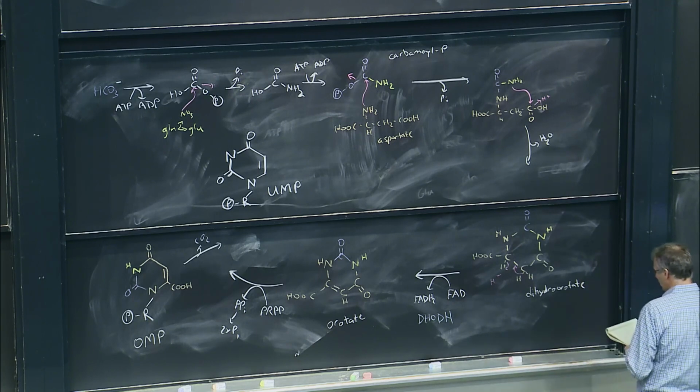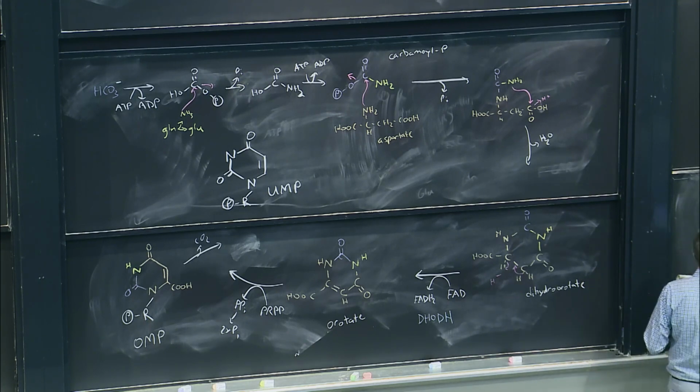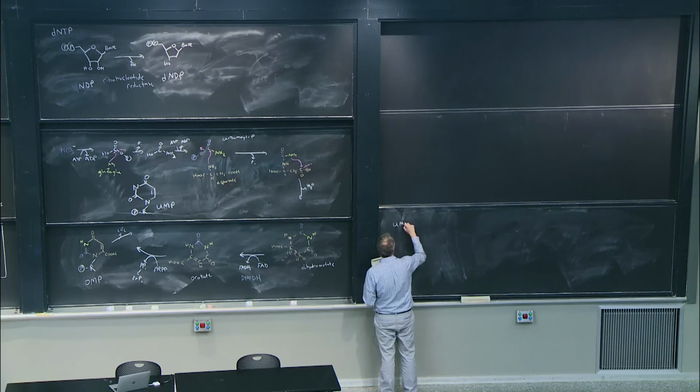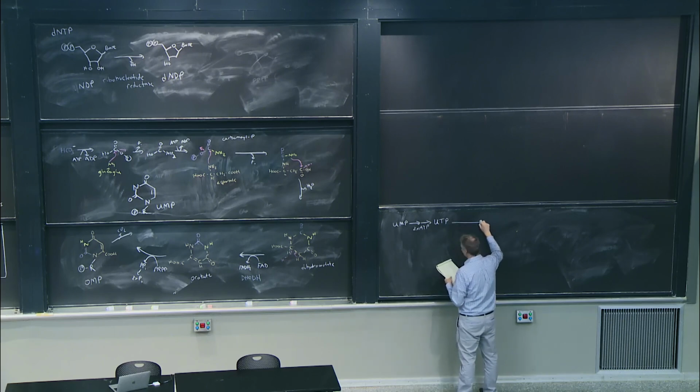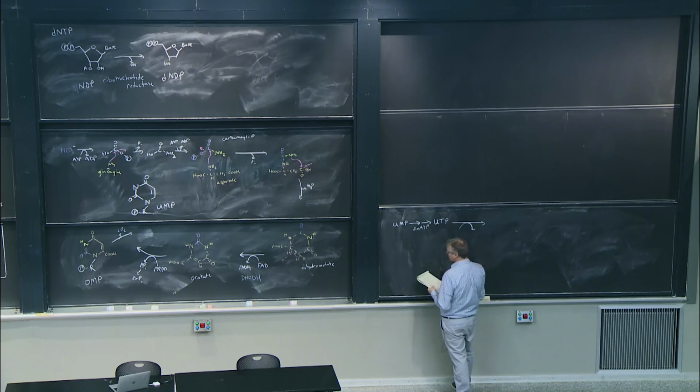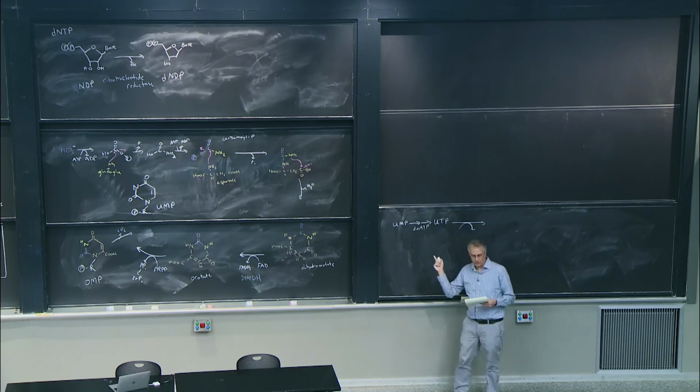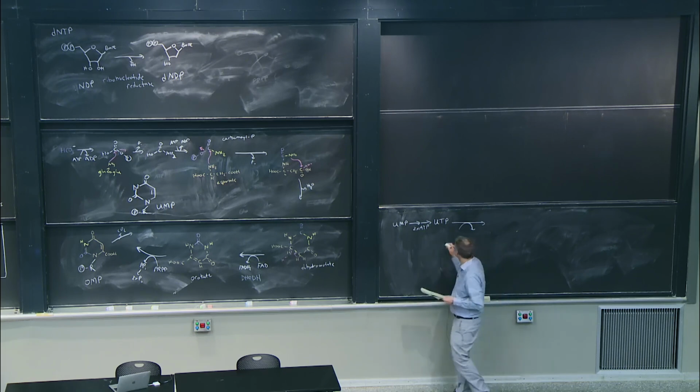Now, to turn UMP into CTP, what happens is UMP is phosphorylated twice, so that's going to cause 2 ATP. That's going to generate a UTP. And then we're going to take that UTP and carry out, again, the same reaction that you saw earlier for FGAR to FGAM, xanthine monophosphate to guanine monophosphate.